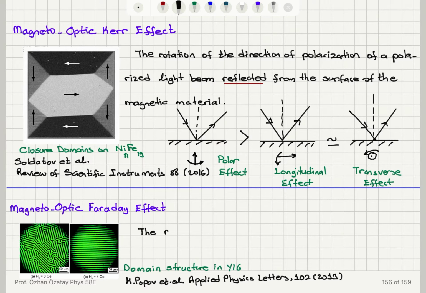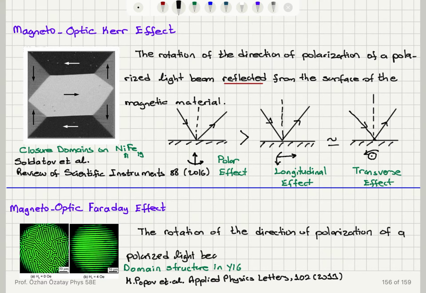So the rotation of the direction of polarization of a polarized light beam transmitted through a thin magnetic film. This is the Faraday effect.